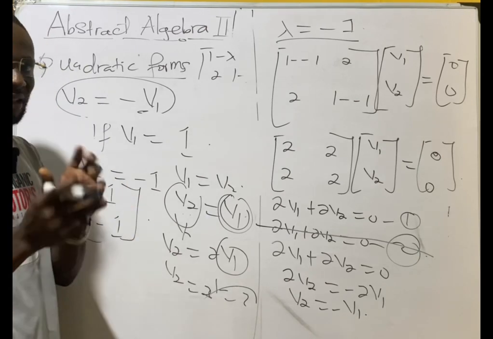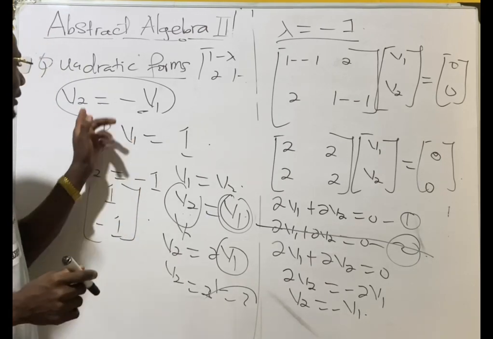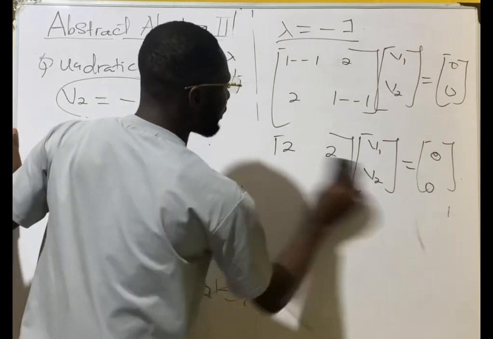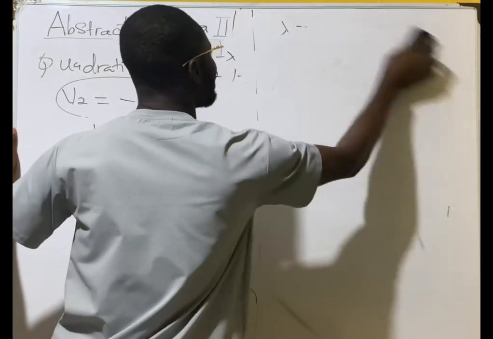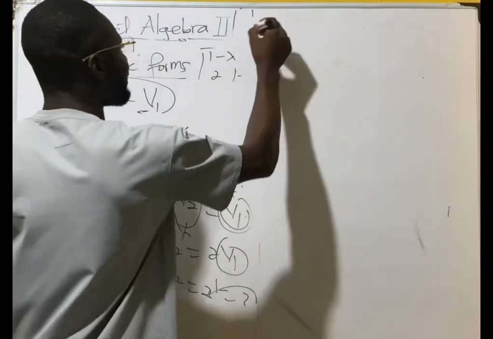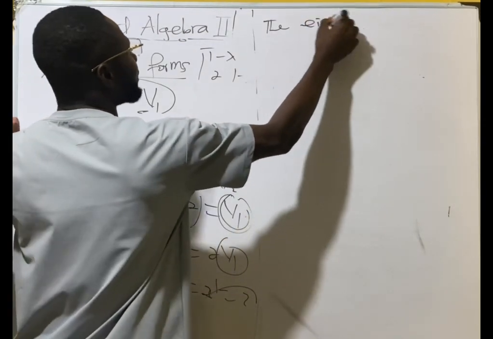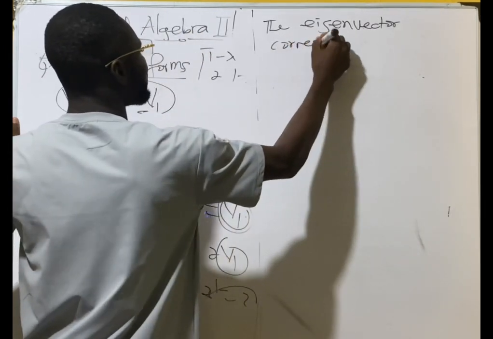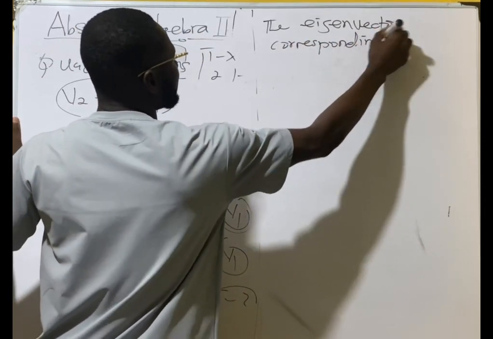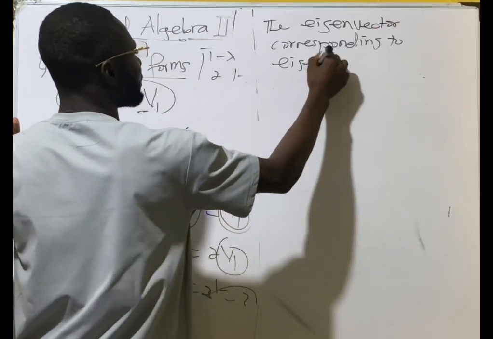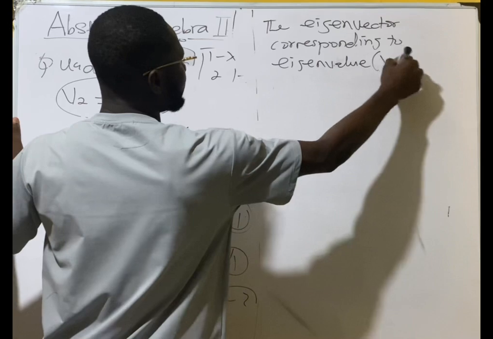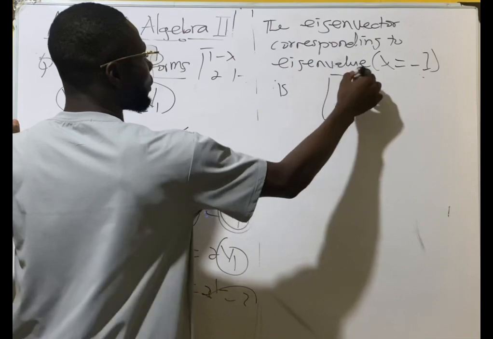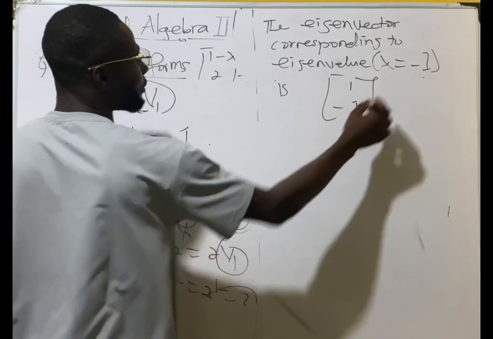Don't wait, just position anything just like that. If v1 is 1, then v2 will be what? Negative 1. So here, our eigenvector corresponding to eigenvalue -1 is 1 and -1, right?